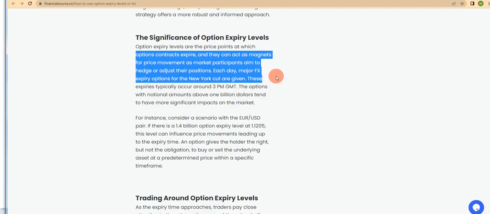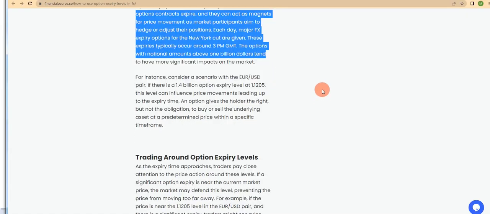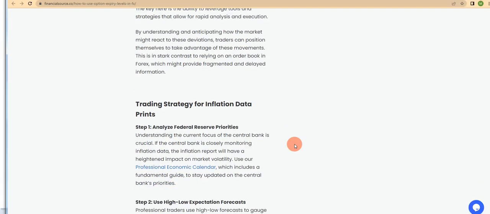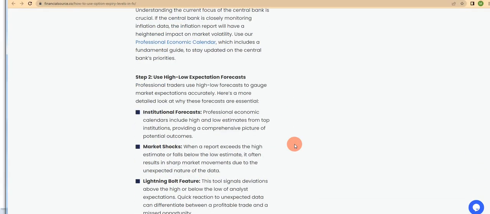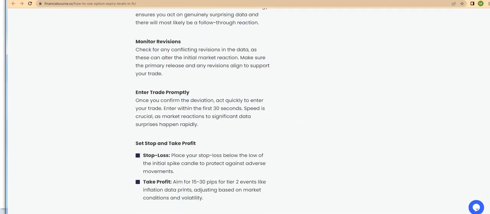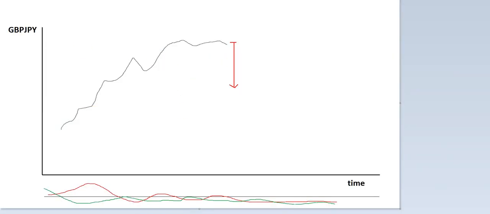Each day, major FX expiry options for the New York cut are given. I'm sure you have seen before, for example, on Forex news sites that they quote option expiry prices and levels. And to make a long story short, it's basically like stop accumulations.